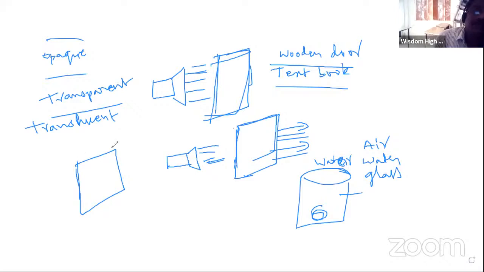This is opaque. But how does it become translucent? By applying oil. So now you may pour 2-3 drops of oil over the surface of this paper.